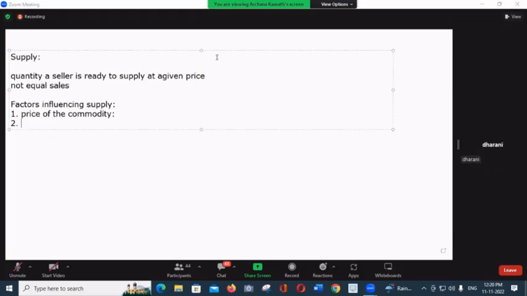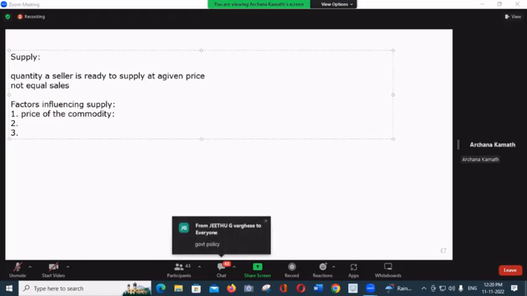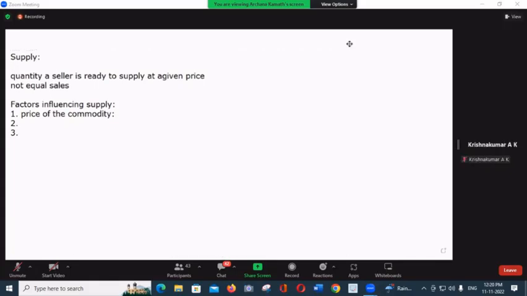If price increases, supply decreases? No. Price increases, supply increases. There is a positive relationship between price and supply of a commodity. That is the famous law of supply. We had learned an opposite relationship in demand, but here we keep all other factors constant.